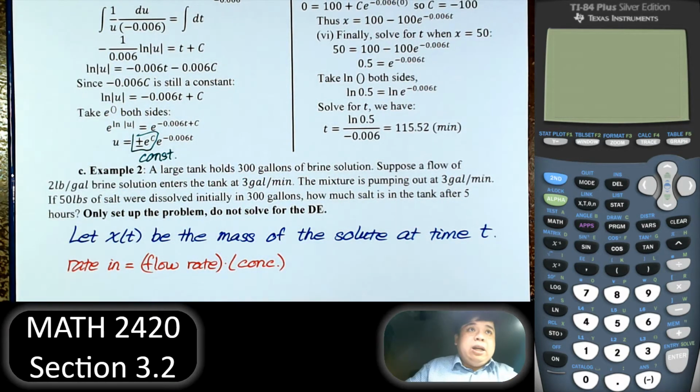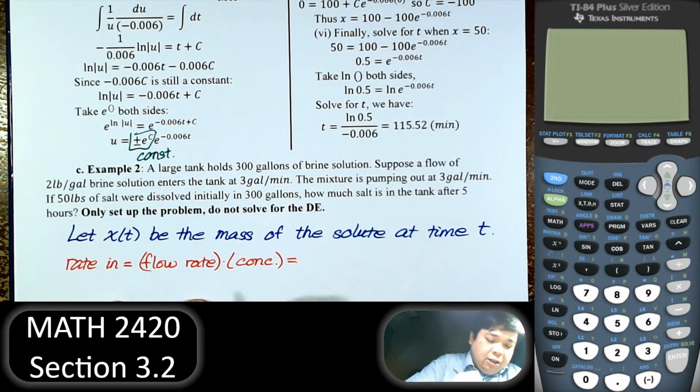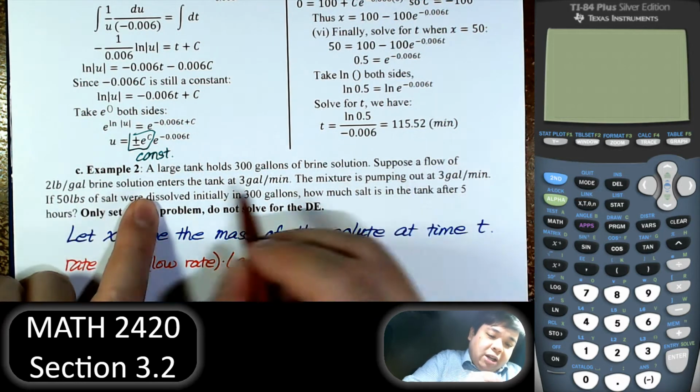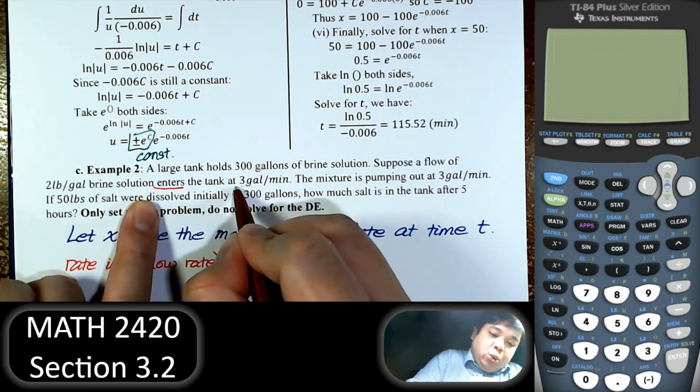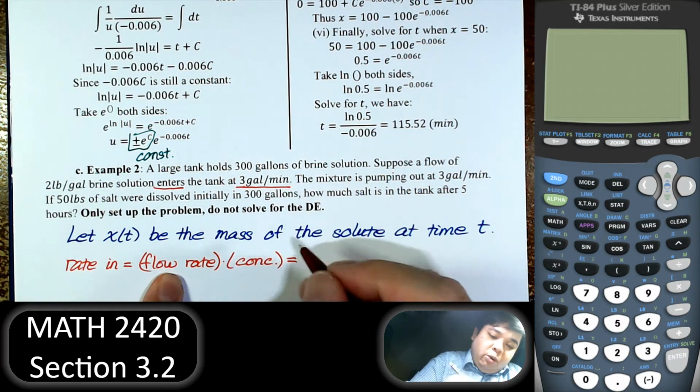So when it's coming in, what is that? It is the flow that enters the tank. So this is coming in at 3 gallons per minute. That is the flow rate.